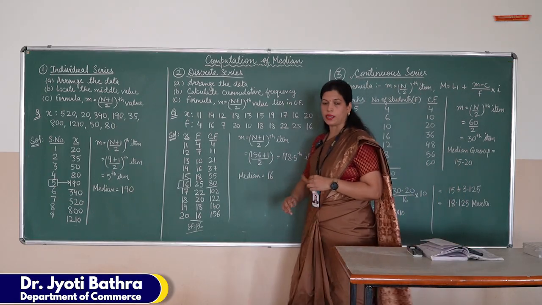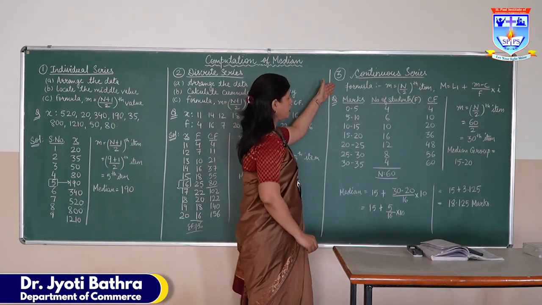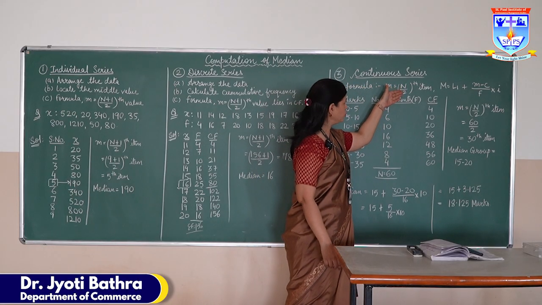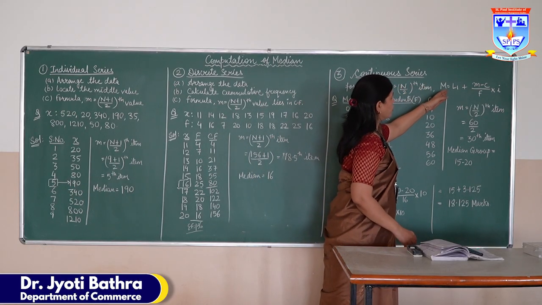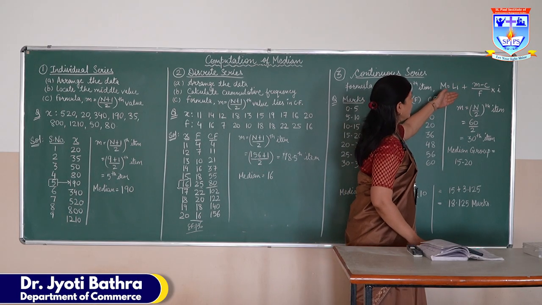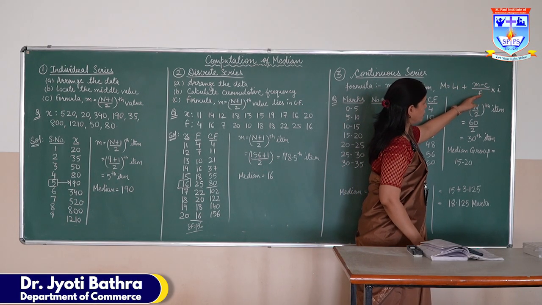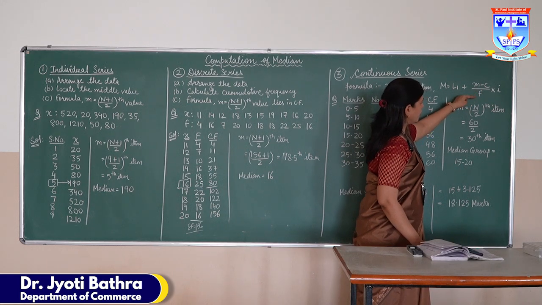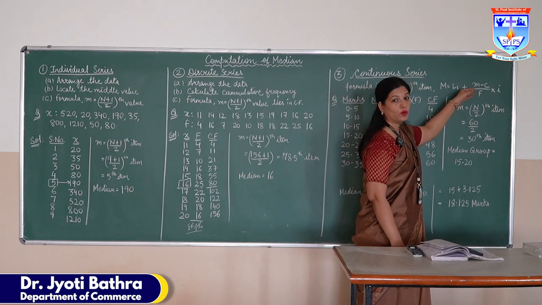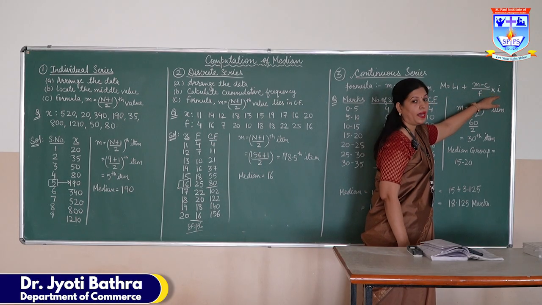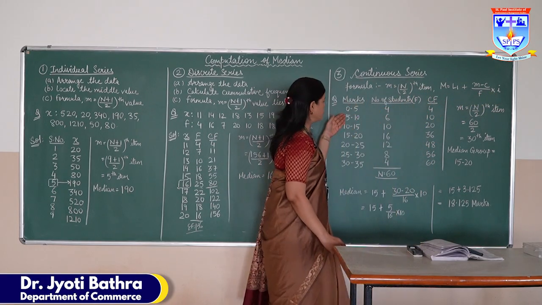Now the continuous series. The continuous series formula: small m equals n by 2 item. Capital M equals L1 plus (small m minus c) divided by f, where c is the cumulative frequency and f is the frequency of that position, then multiplied by i, which represents the class interval.